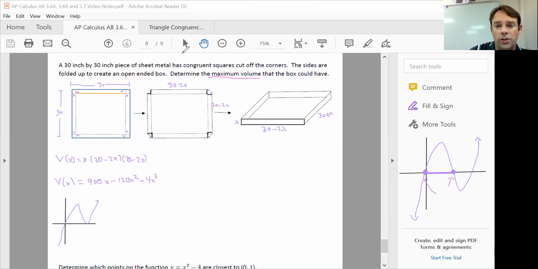So it makes it a little easier to see where those 2 x-intercepts are when I'm restricting my domain. So I'm going to be between those 2 x-intercepts. Can't have anything outside, otherwise I'm going to end up with a negative length or width or something somewhere. All right, so we're going to be between then.